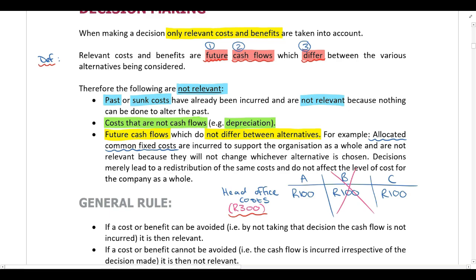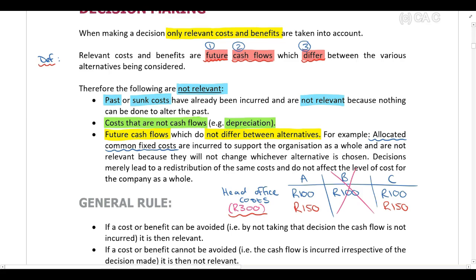But instead of the cost being shared equally between three divisions, division B has now been shut down, so the cost is going to be shared between the remaining two divisions. So we are going to allocate then 150 Rand to division A and 150 Rand to division C.